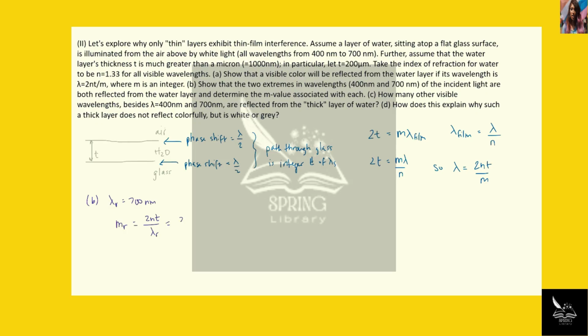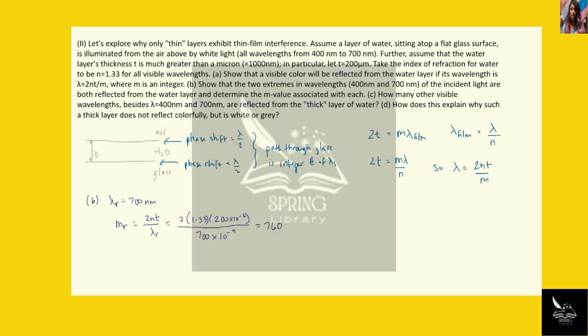So we have 2 times our index of refraction of 1.33, times the given thickness of 200 micrometers, so 200 times 10 to the minus 6 meters, divided by our wavelength in meters, 700 times 10 to the minus 9th meters, and I get a value of 760. So there will be 760 of these red wavelengths that fit in the thickness of the film.